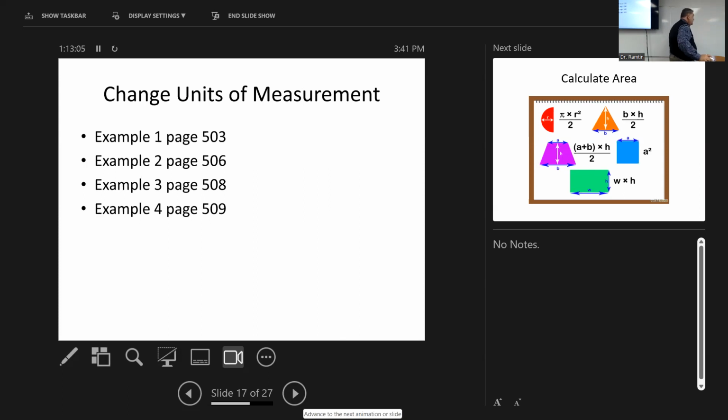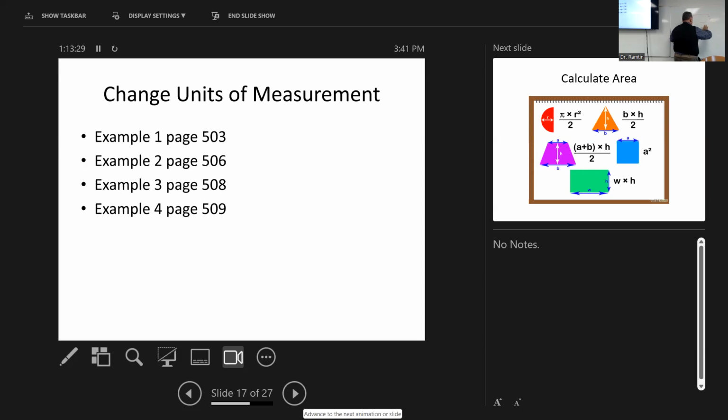Now, just a simple thing to remember. Whenever you want to convert something to feet, feet should go in the numerator. Oh, no, I'm sorry.